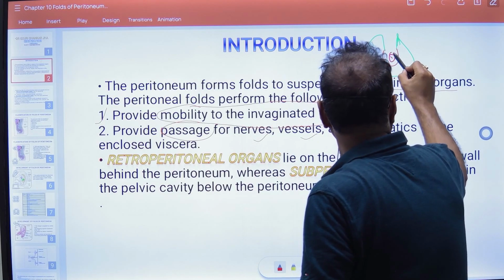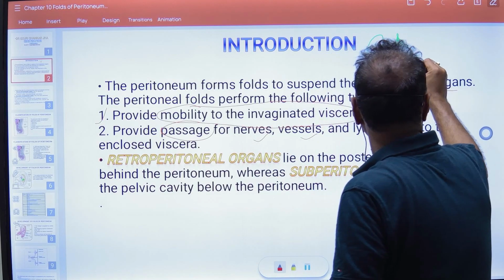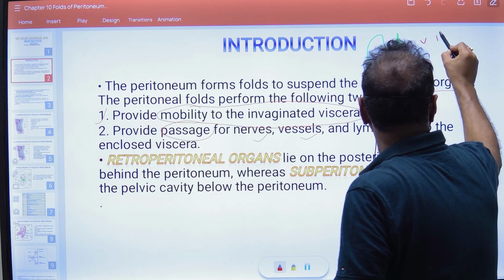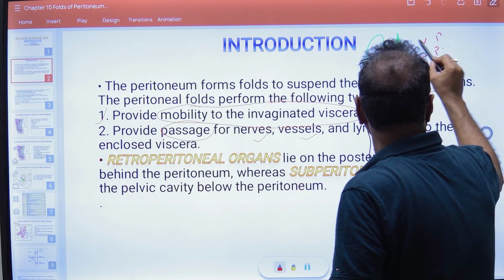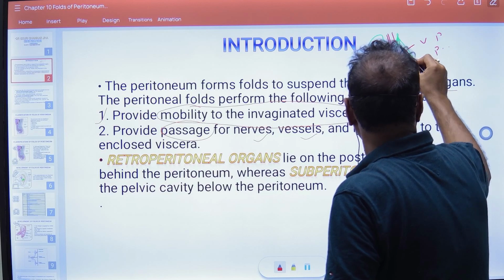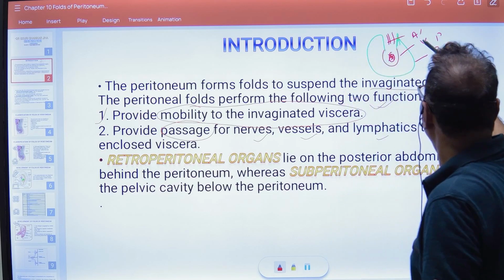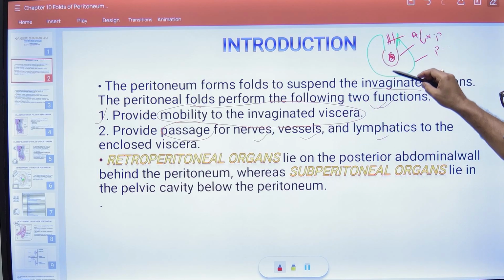We have got the organ over here, and this one is the visceral peritoneum, and this one is the parietal peritoneum. And through this, all the structures, the artery, the nerve, and the vessels will pass.